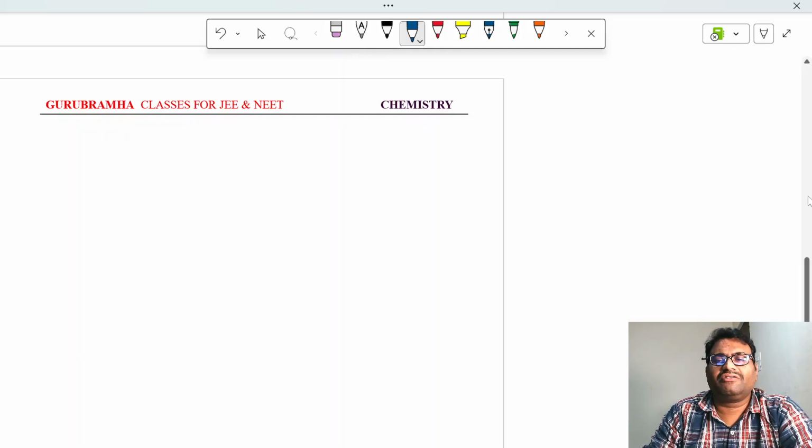So in the derivation, what was taken? Reactant and products.